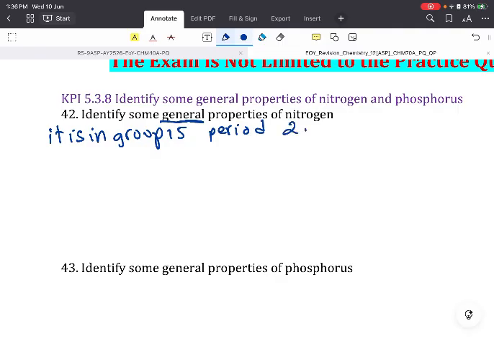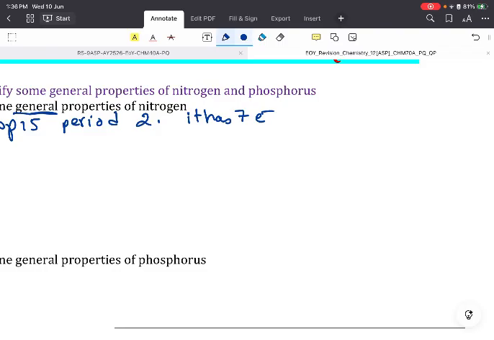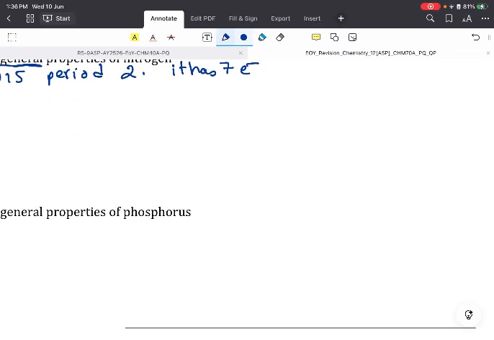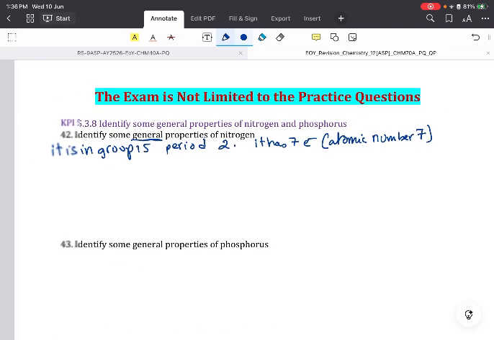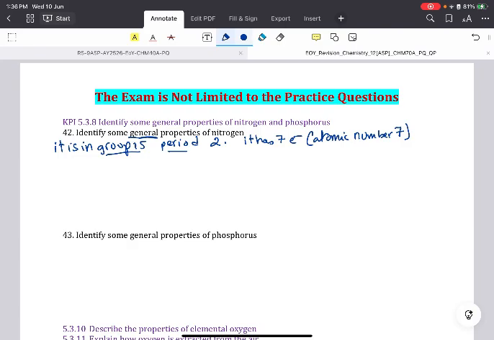Okay, now let's look at what's in the periodic table. It has 7 electrons, or you can say with an atomic number 7. Atomic number 7. Let's keep the properties general. So it's in group 15, the second period.